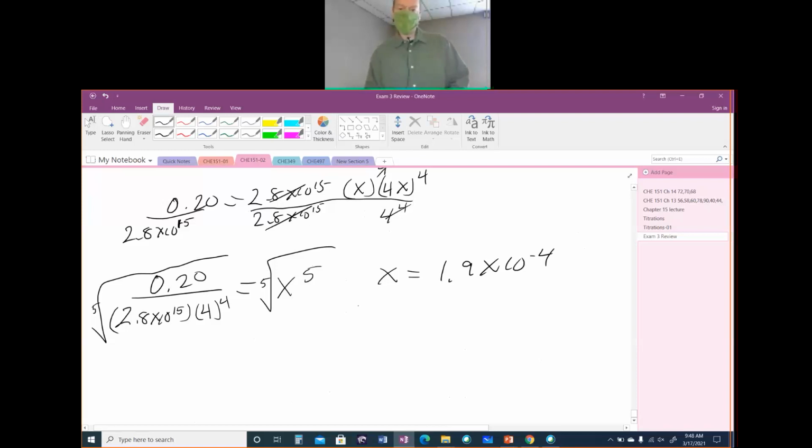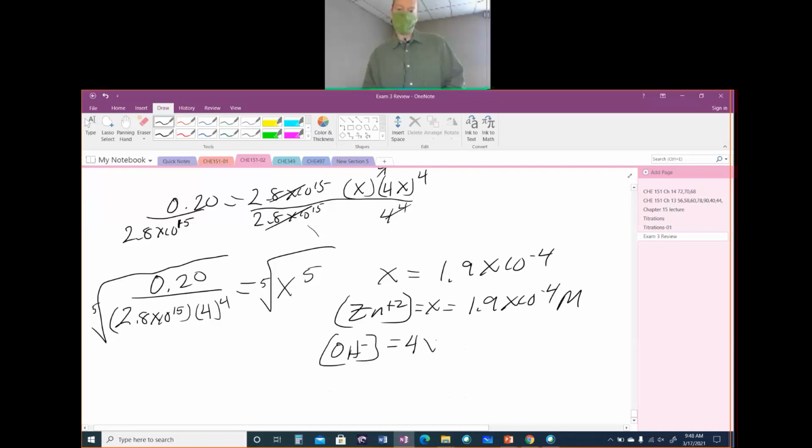So your Zn2+ concentration is equal to x is equal to 1.9 times 10 to the minus 4 molar. Now, if we wanted the OH- concentration, that is equal to 4x. And if you multiply that by 4, you get 7.8 times 10 to the minus 4.